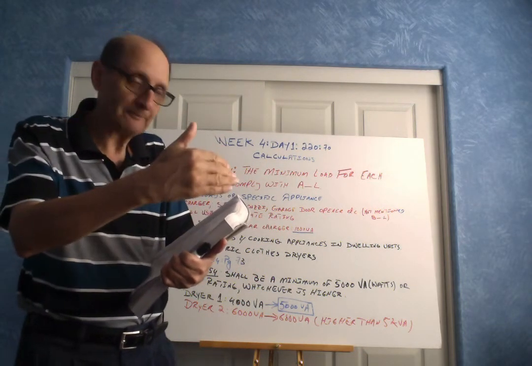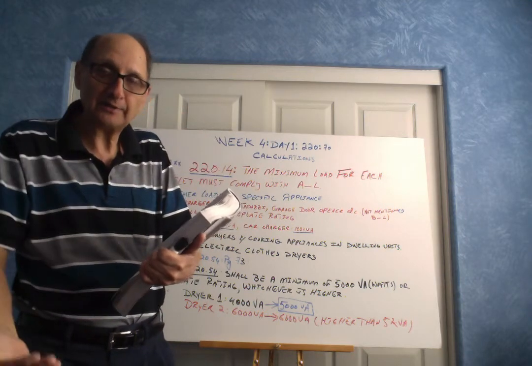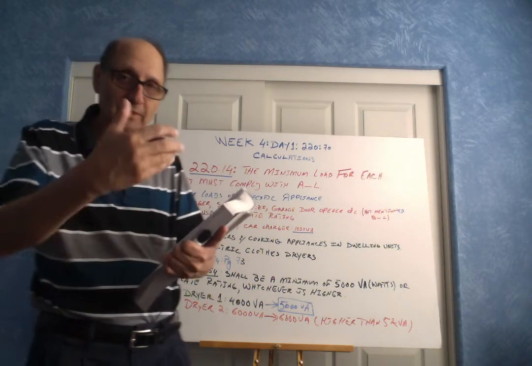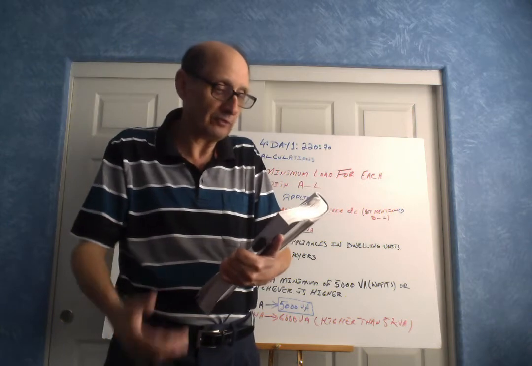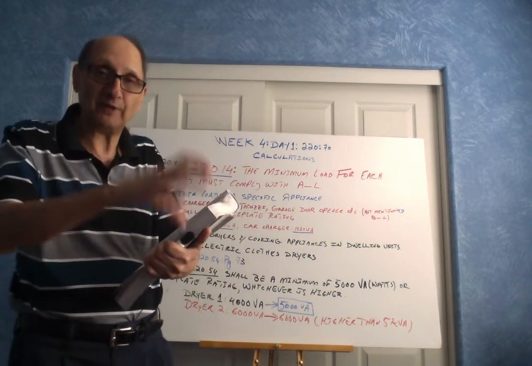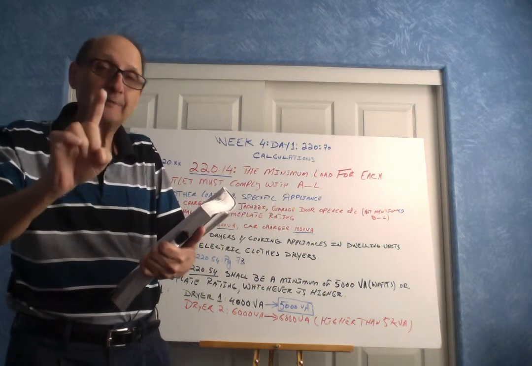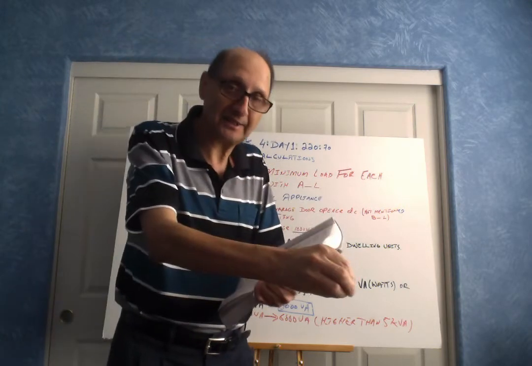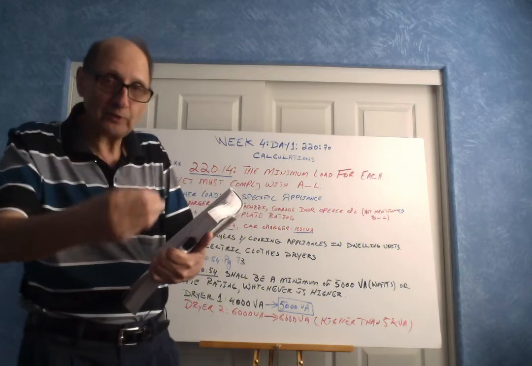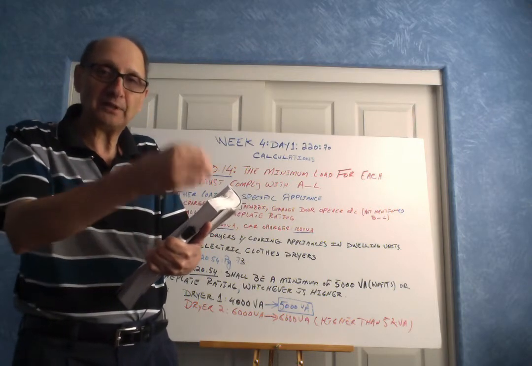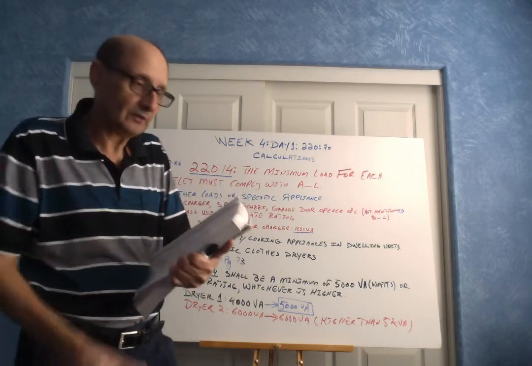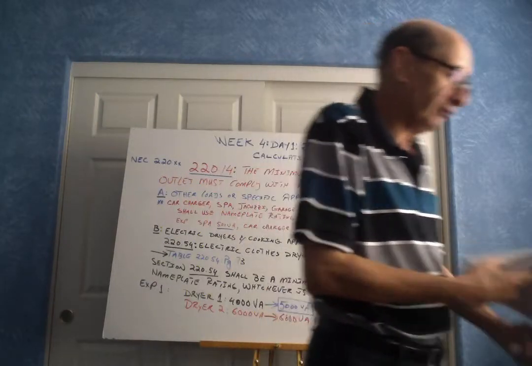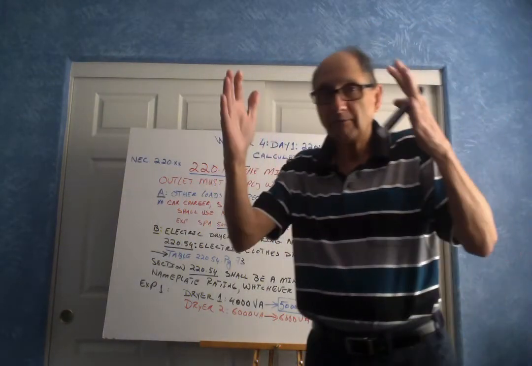But if we get 5 dryers of 500 each, now it's going to be 2500, but then you have to multiply 2500 by 85%, and whatever value you get from that product you are going to use. So up to 4 you have 100%.